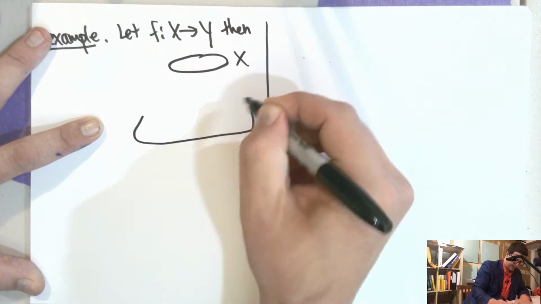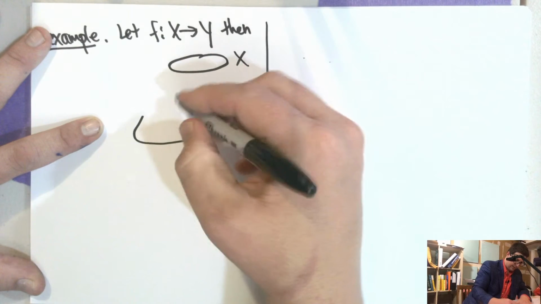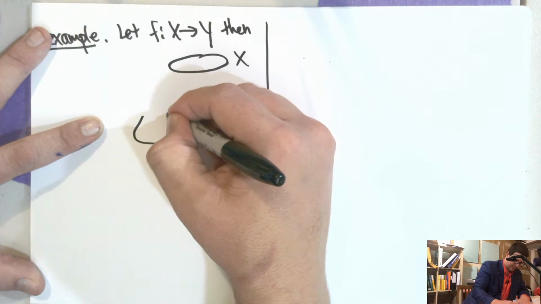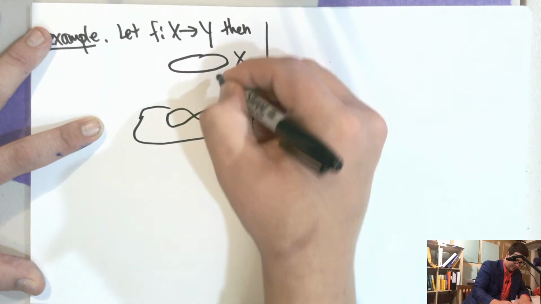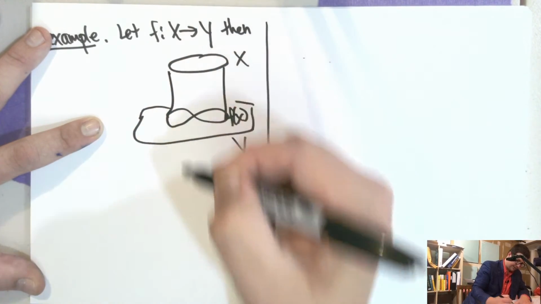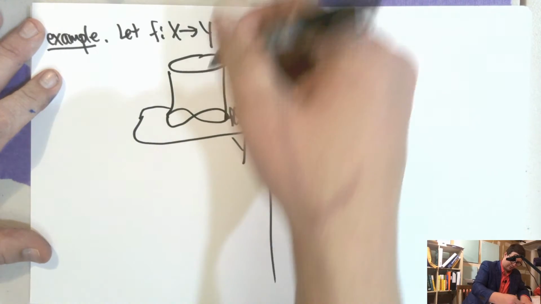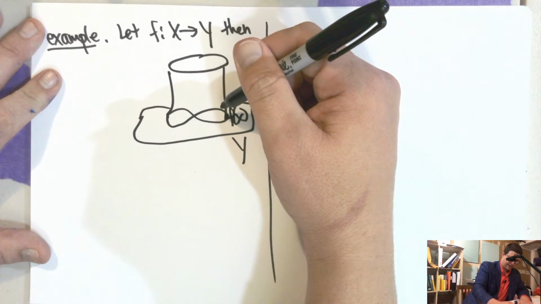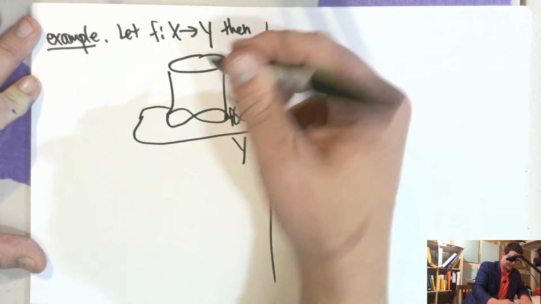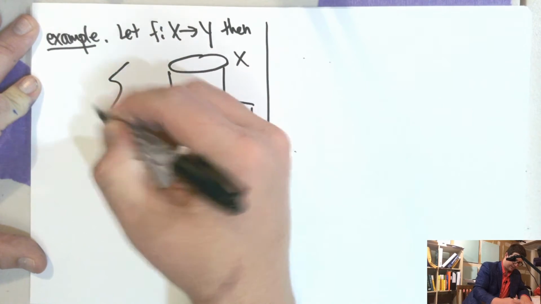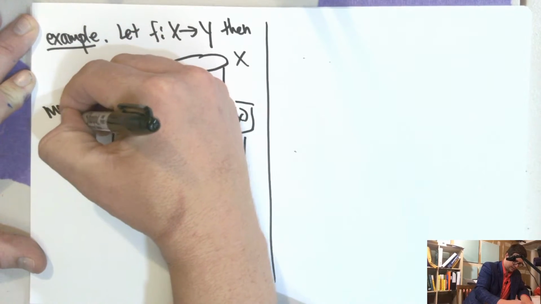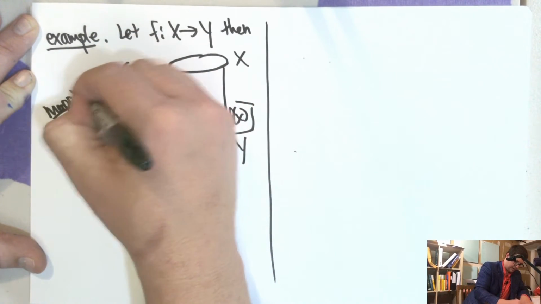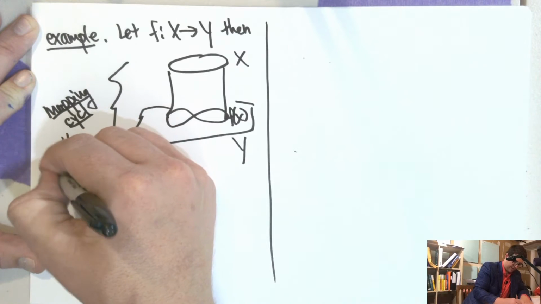And then here's Y, and here is maybe f of X inside of Y. Then we draw a cylinder here, so we've glued this cylinder onto X. This is the mapping cylinder, this thing M_f.